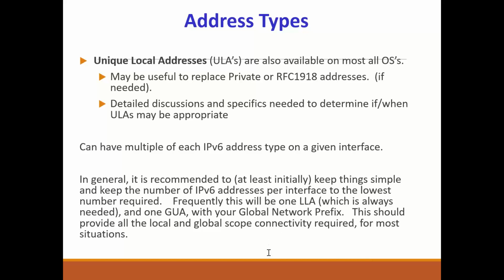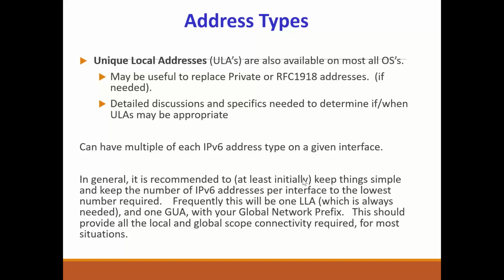And from previous sessions, we showed in one of the previous labs that we can have multiple types on the same interface. And you can have multiple of a given type on a given interface. So know that.